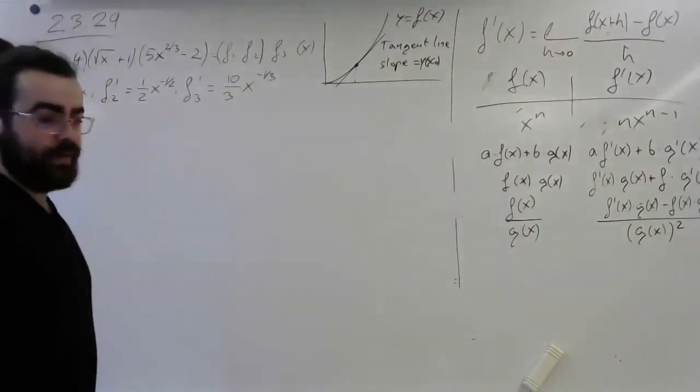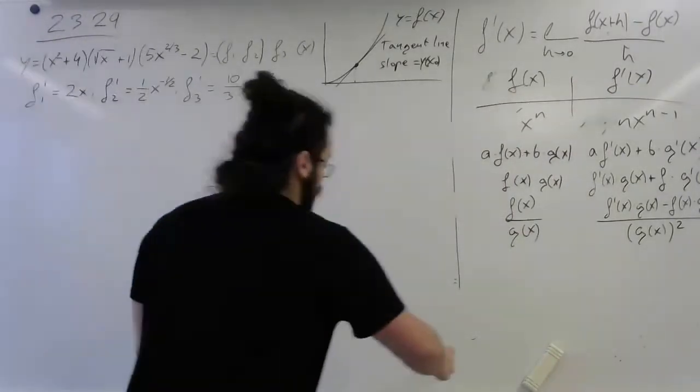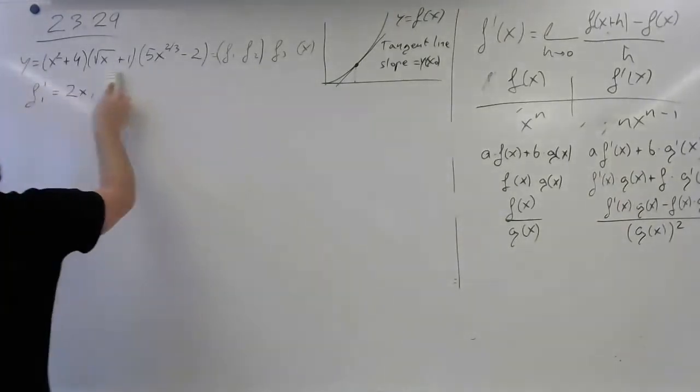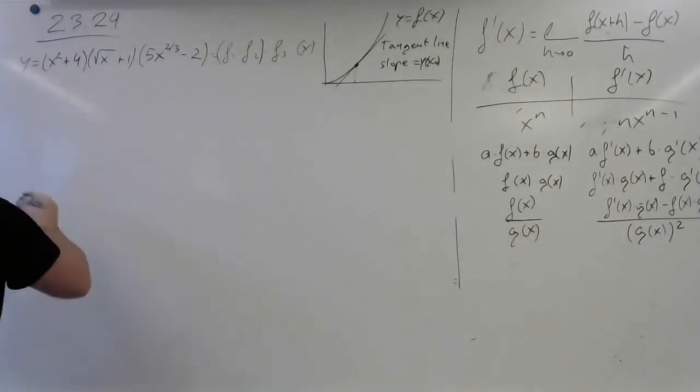So instead of multiplying the derivatives, what I'm going to do is multiply all this, turn it into a big polynomial, and see what happens.